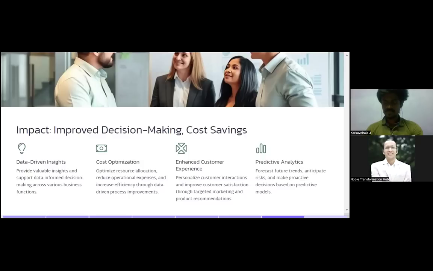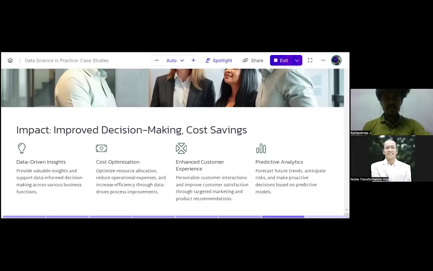So the impact is data driven insights, providing valuable insights, supporting data informed decisions, and cross validation across business functions. So this is how it will give data driven insights, data driven decisions. Okay, ultimately, whether it is a machine learning model, or it is automated, or it is human and machine learning, or AIML or any technology, guys, ultimately we make decisions.